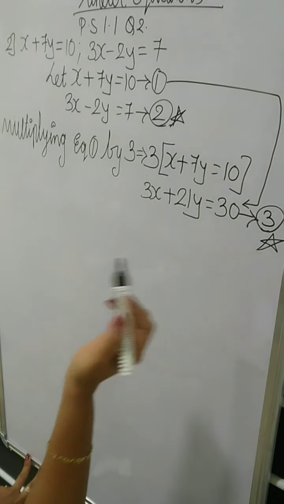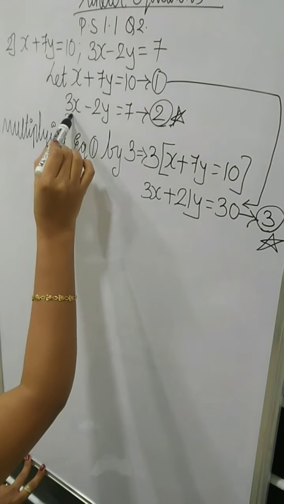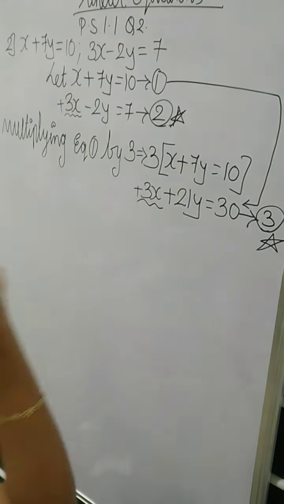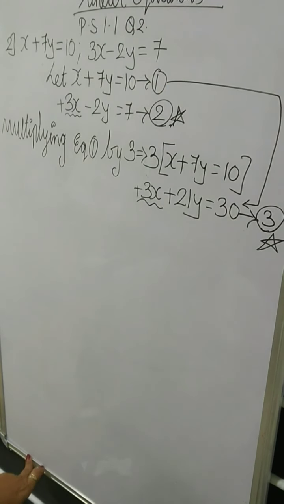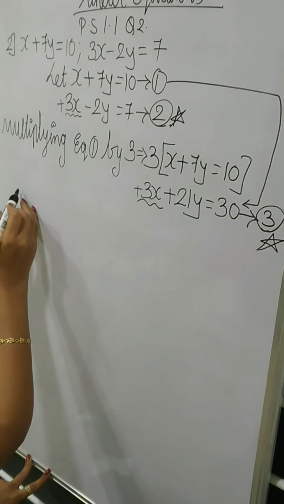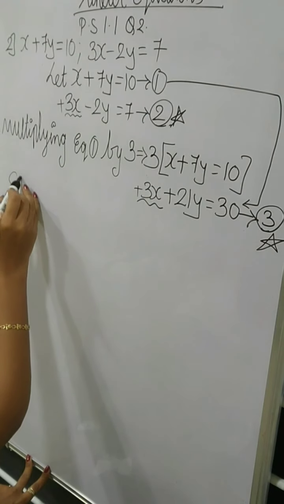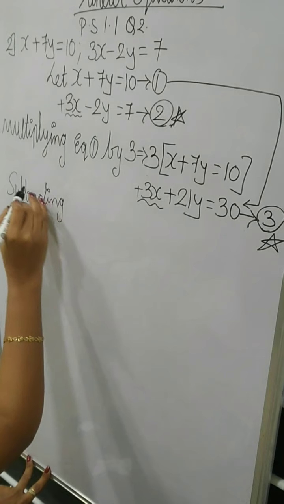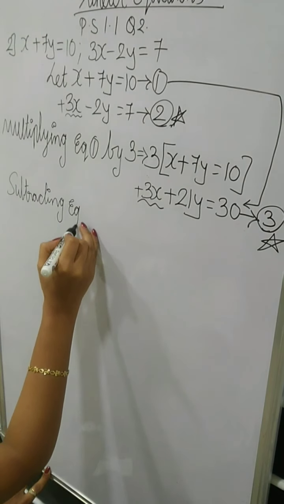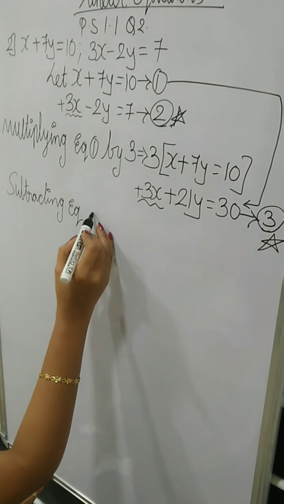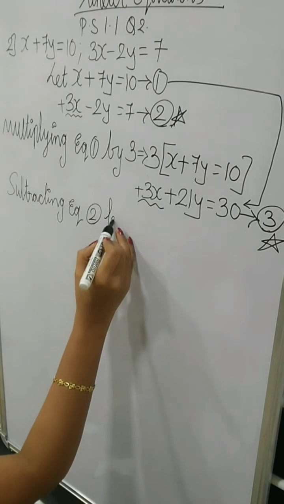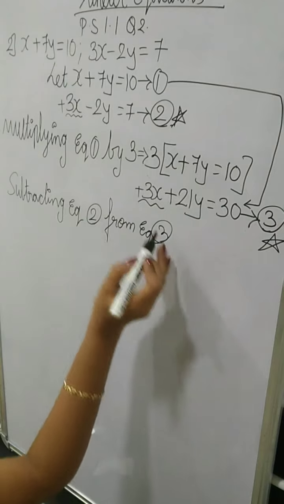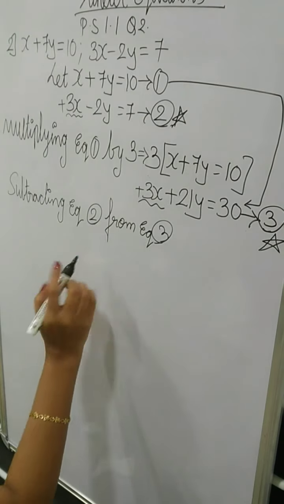Okay, so all you need to focus on now, students, is equation 2 and equation 3. As we have done previously also, we know that we have the same terms and same signs. Then what should we do? Same term, same sign? Yes, subtraction, subtracting equation 2 from equation 3. So when I say from 3, I need to write equation 3 first.